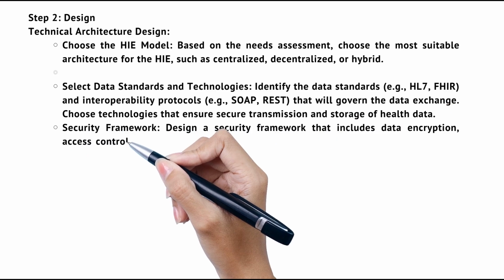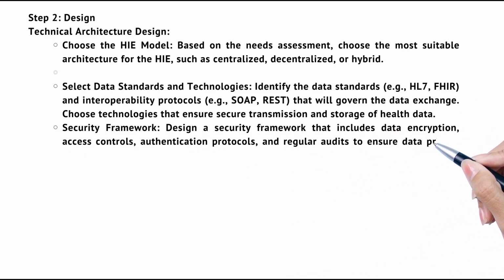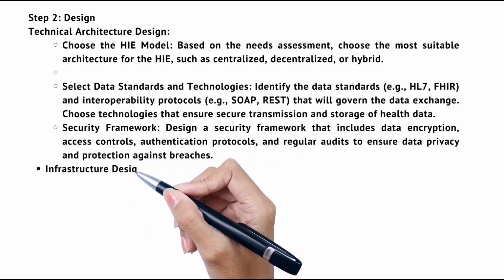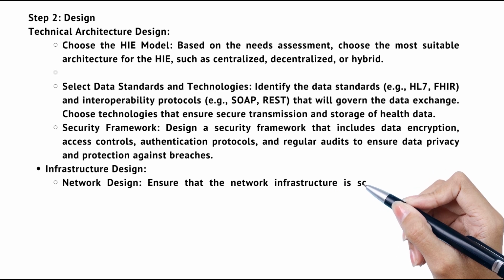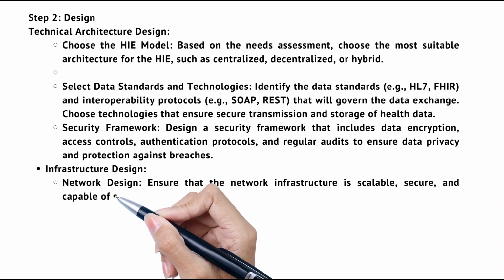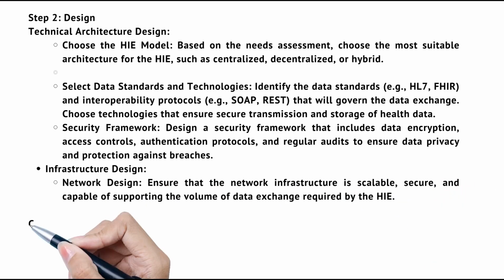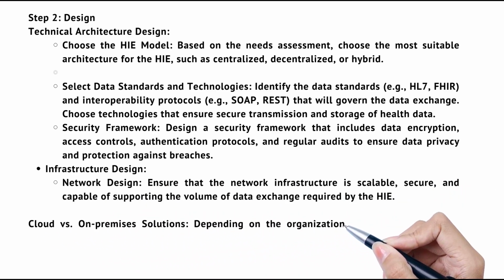Security framework. Design a security framework that includes data encryption, access controls, authentication protocols, and regular audits to ensure data privacy and protection against breaches. Infrastructure design. Network design. Ensure that the network infrastructure is scalable, secure, and capable of supporting the volume of data exchange required by the HIE.